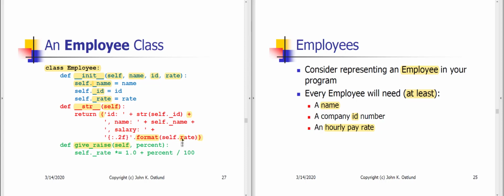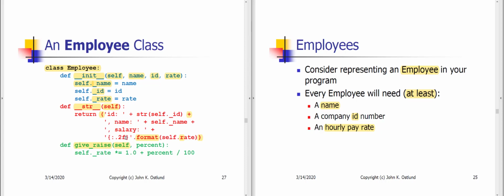There should be an underscore in front of rate there. So that should be self._rate, because underscore rate is the name of the instance variable for the current employee, keeping track of the hourly rate. All right, so we're going to format the current employee's underscore rate as a fixed point number with 2 digits after the decimal point.